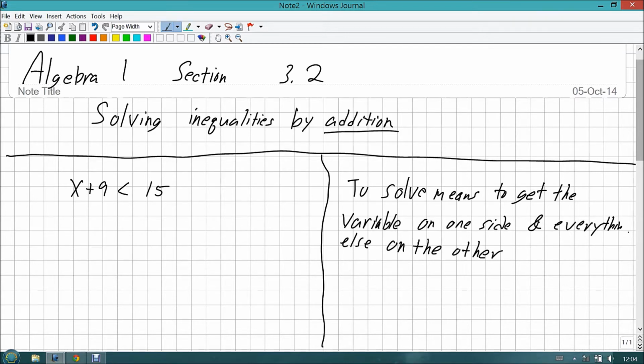So in this case, when we say everything else, I mean absolutely everything else. The only thing that needs to be on one side of this inequality is x, and every other thing needs to be on the other side.